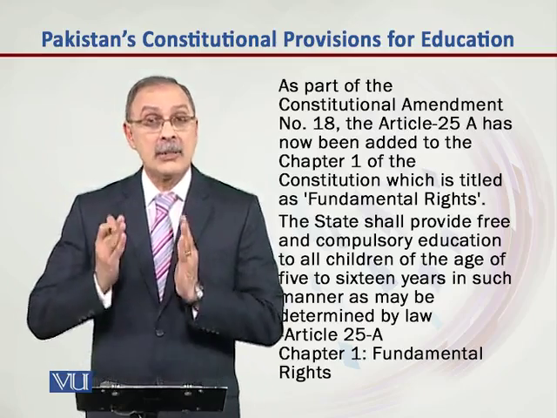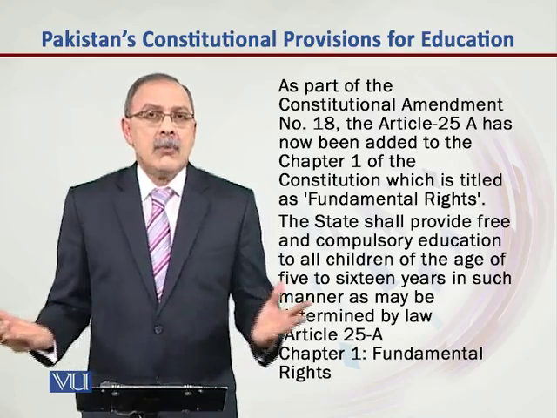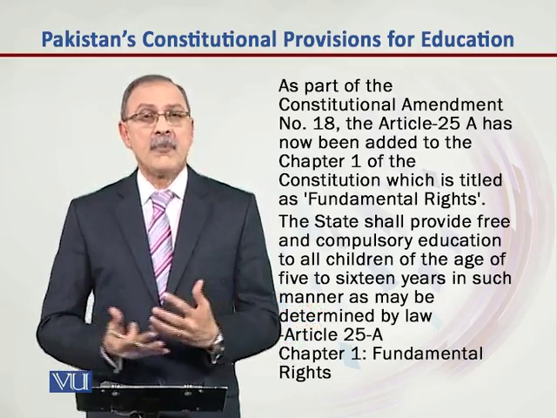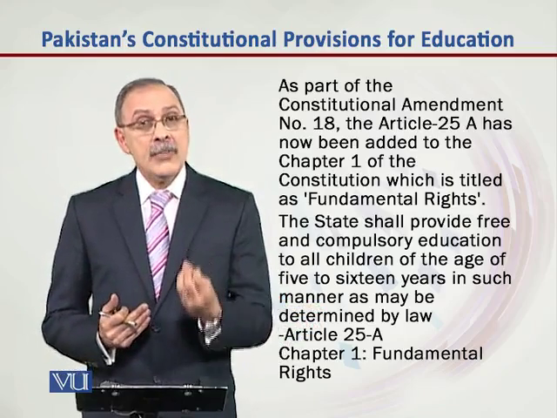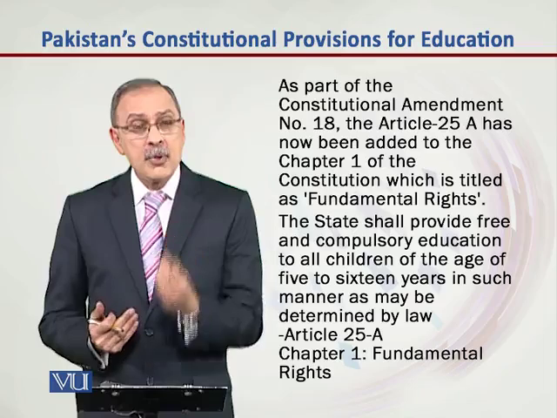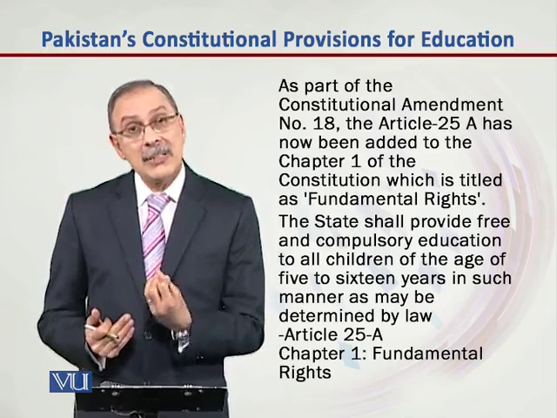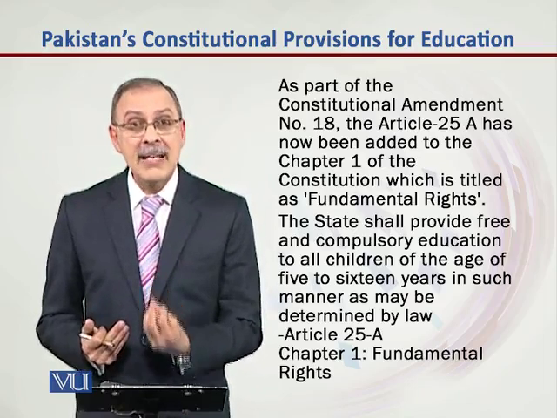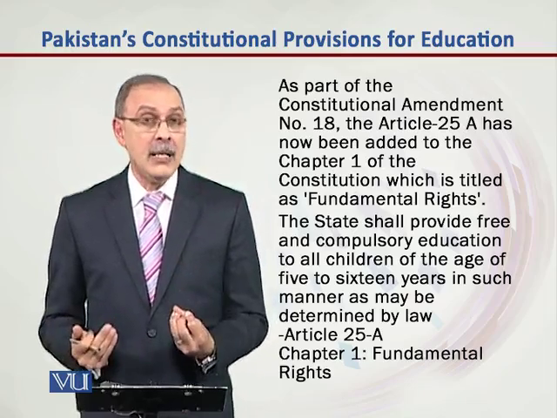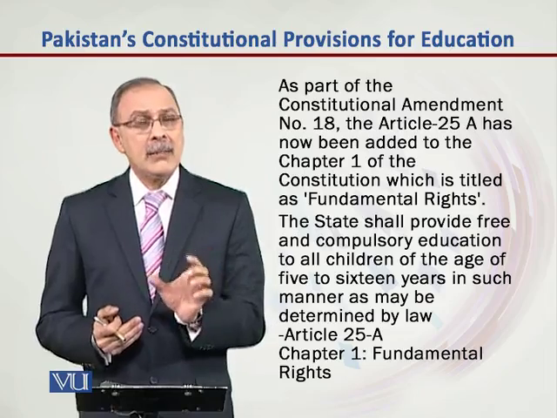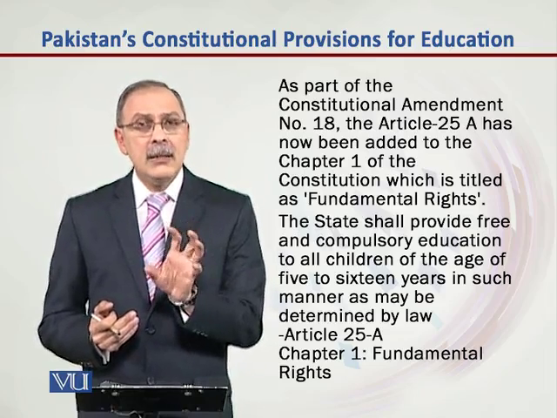That's the age span. And it is again a constitutional guarantee. The Constitution guarantees this, but what government has come forward and made that into a reality? And this education up to the secondary level is now classified as a fundamental right under Article 25A. Are we getting it? But the article is a little loose.